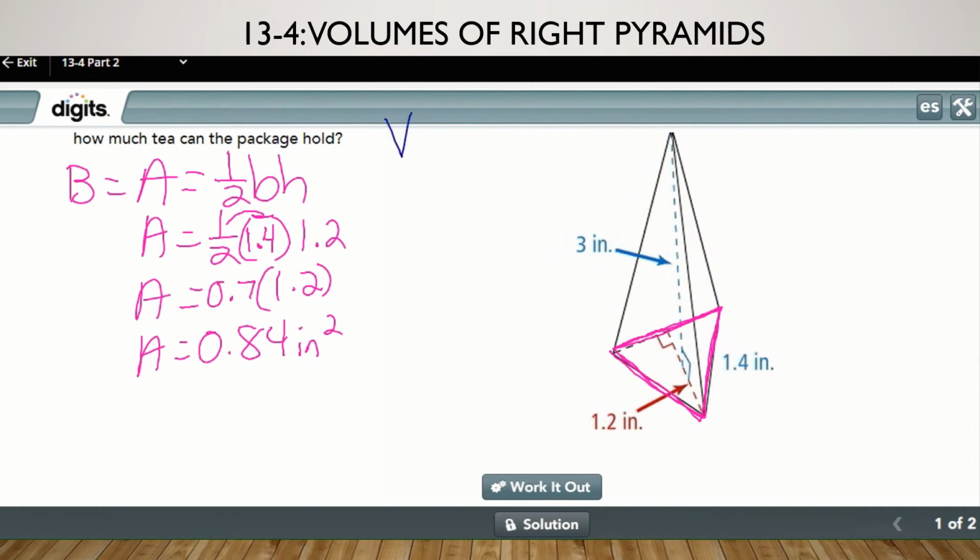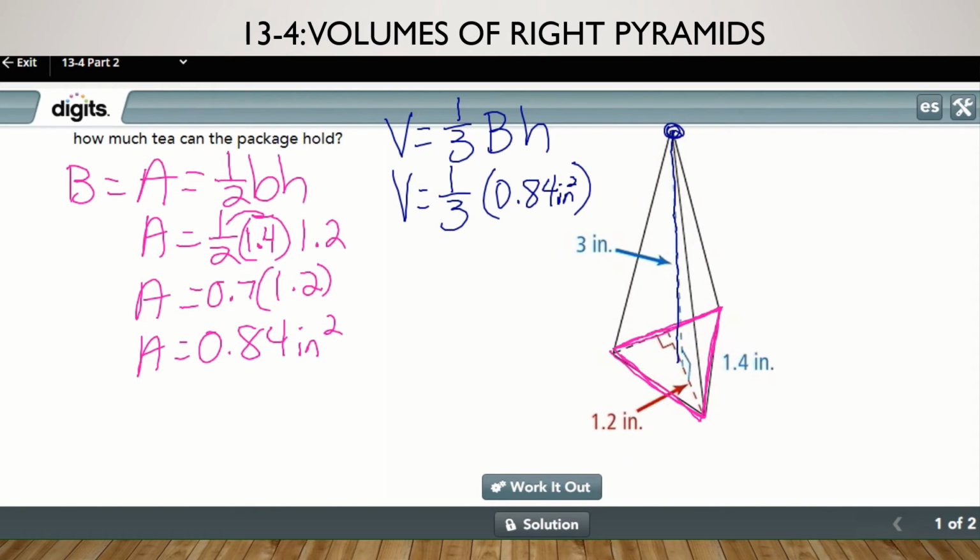Now I have to use my volume formula for a pyramid. Volume equals 1/3 times the area of the base times the height of the pyramid. Now you substitute in your information. We found the area of the base is 84 hundredths inches squared. And now the height of the pyramid, from the very top straight down to the base, is 3.